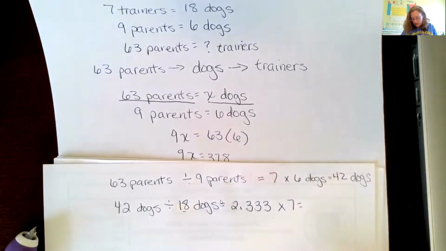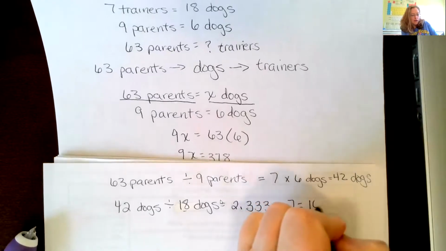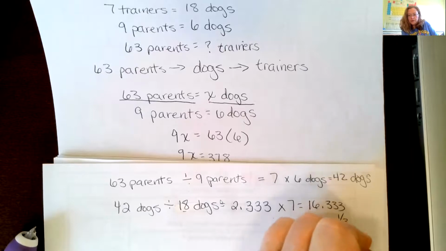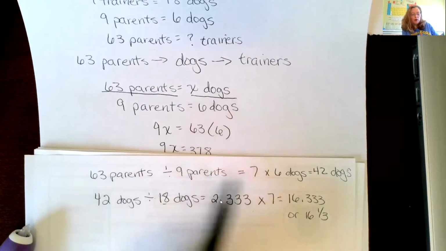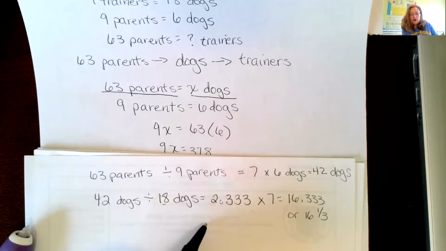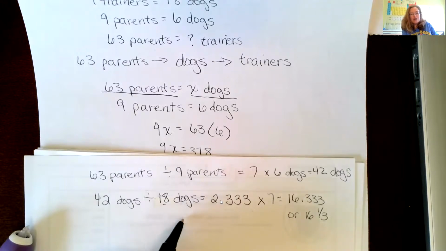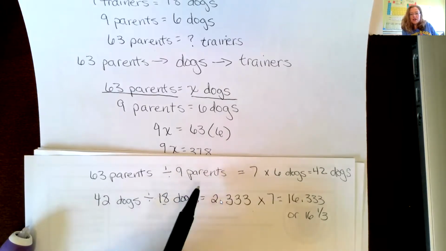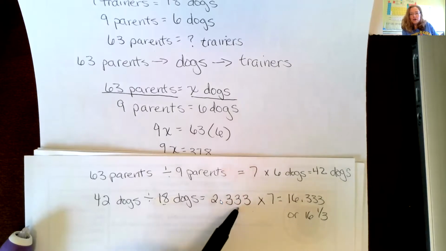And that, I believe, is where I ended up with the 16, yeah, the 16.333 or 16 1/3. This is another perfectly good way of doing it, where you're just dividing it by its own unit. And that's the trick. You can't divide parents by dogs or divide dogs by trainers. It has to be the same unit each time. And that gives you what you need to multiply the other one.